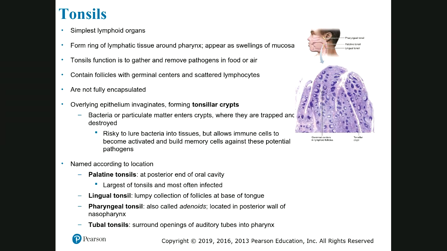Very funny and very weird. Because remember what I told you, that their job is to clean the food, to remove pathogens from the food and from the air. So those tonsillar crypts actually trap those pathogens and destroy them when they enter those crypts.